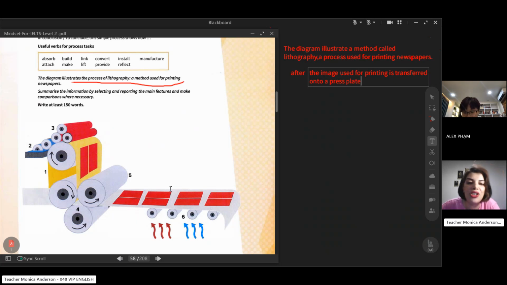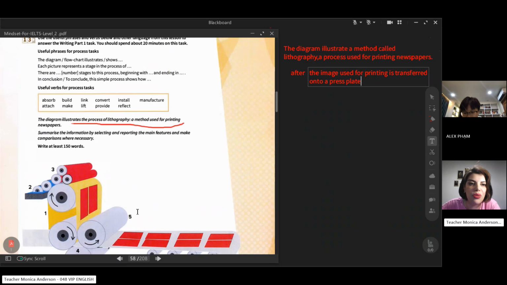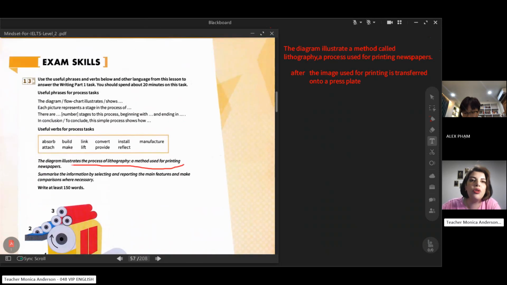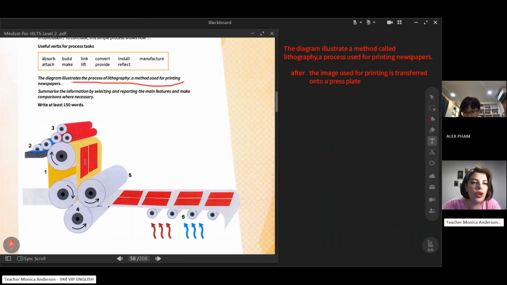Just pay attention to the names, because it's really important. For example, normally if you wanted to write about this process, you would need to search for, for example, the process of printing newspapers so that you could find some words related to the actual stages. Now I'm giving them to you.